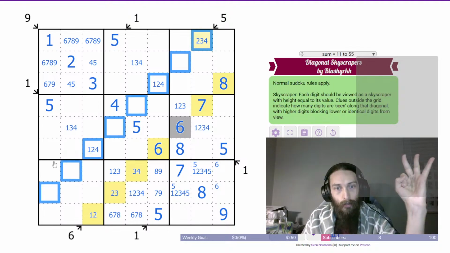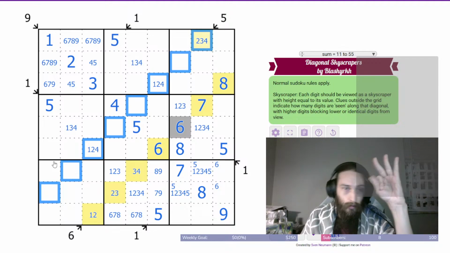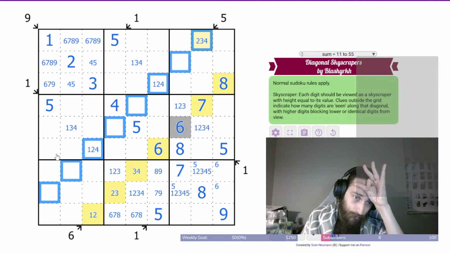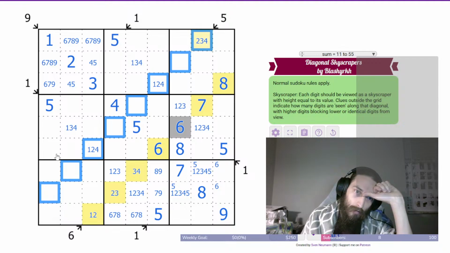There are 3 which are not seen along this diagonal. Well, there are 3 along that diagonal that actually have digits in them.